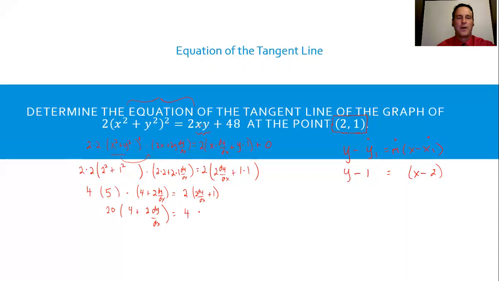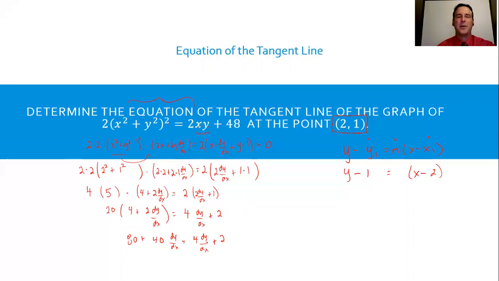So I'm going to say 4 dy/dx plus 2. Let me distribute this left side here. This is 80 plus 40 dy/dx. Okay, and now it's getting a little bit more clean.